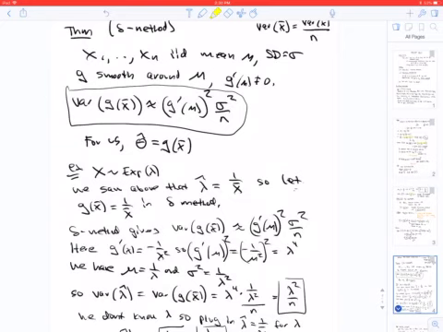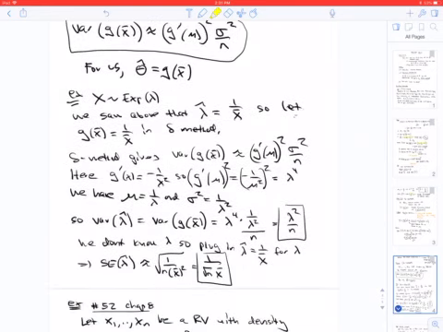Sigma squared over n is the variance of X bar. So for us, our MOM estimator is going to be G of X bar, right? This is assuming that we only have one parameter, and also that the expectation of X is a function of theta.